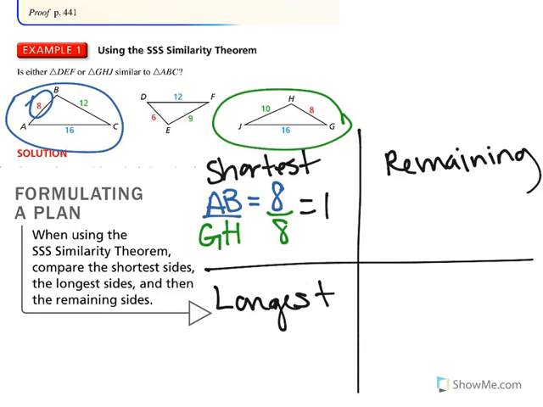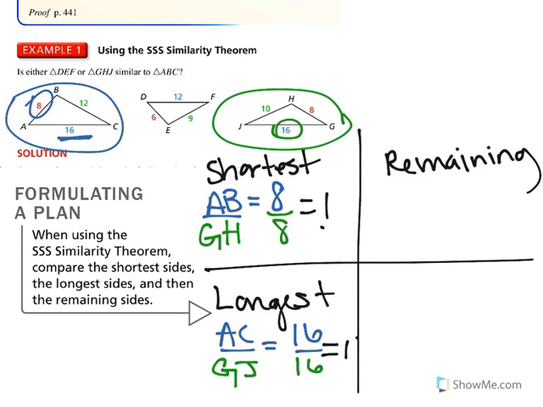If I look at my longest side on triangle ABC, that's 16. AC is 16. And I'm comparing that to the longest side, GJ, and it's 16, and if I reduce that, I get 1. So it's looking good so far, but I need to check the remaining side to make sure.